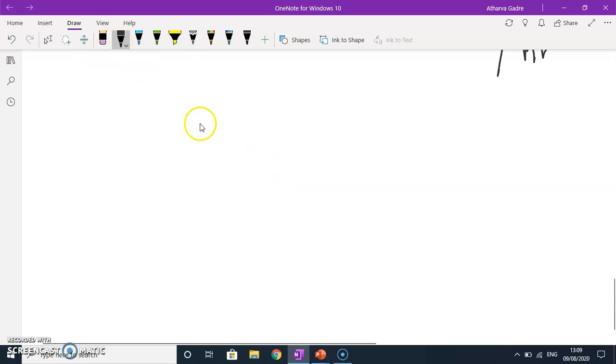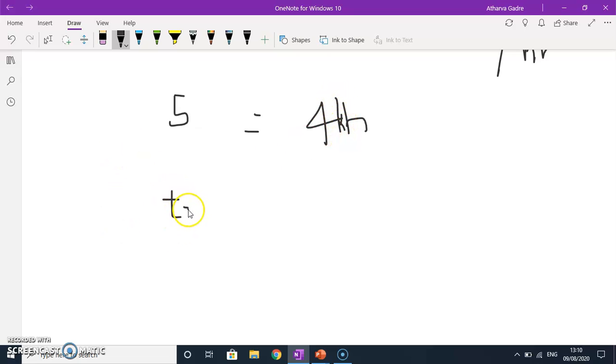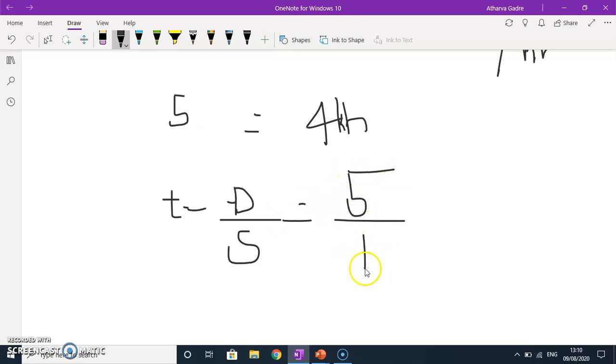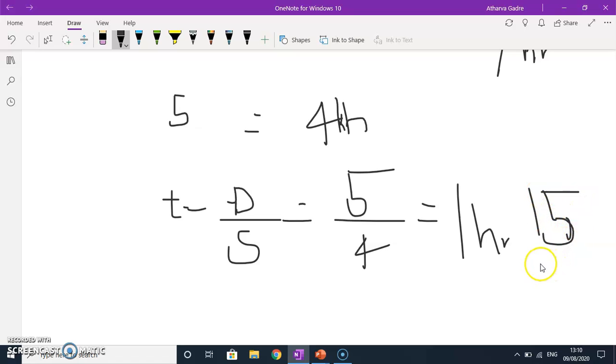So we have to move 5 kilometers and the speed of the boat is 4 kilometers per hour. The time taken would be distance upon speed, so 5 by 4, which is equal to 1 hour and 15 minutes.